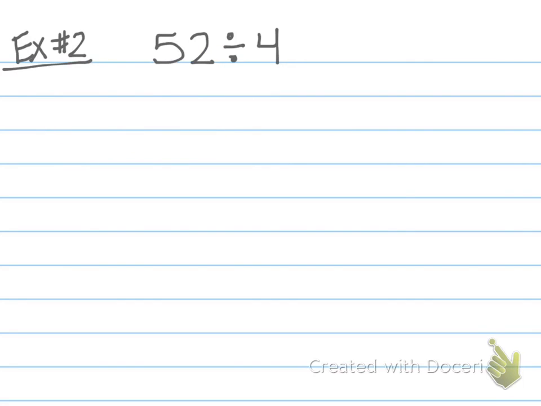In the second example, I will be solving for 52 divided by 4. Again, I'm going to break up my dividend 52 into two addends that are both divisible by 4. So I will model that by drawing my rectangle and then thinking to myself, how can I split up 52? It is easiest to always try multiplying your divisor, in this case 4, by 10 and seeing what the difference is.